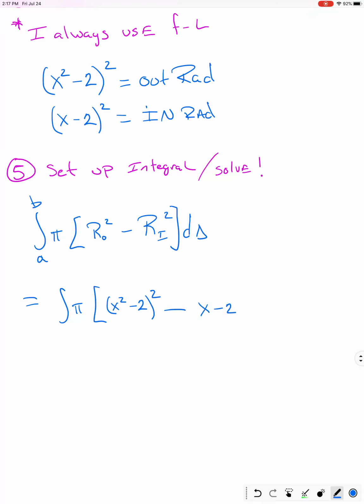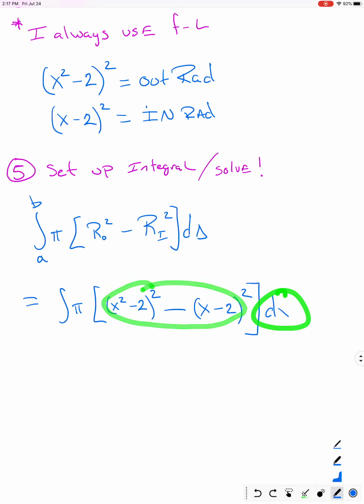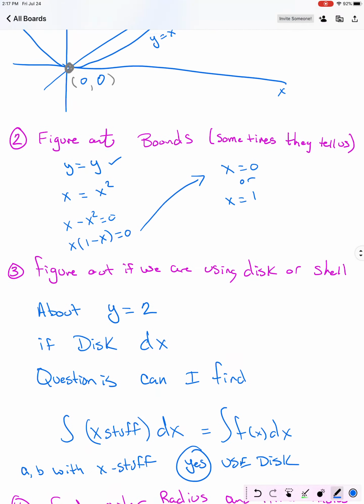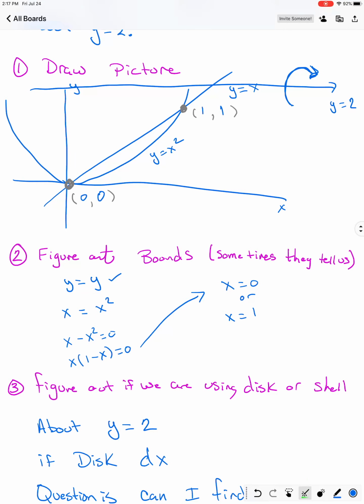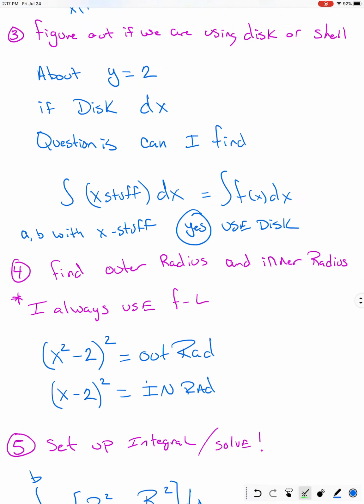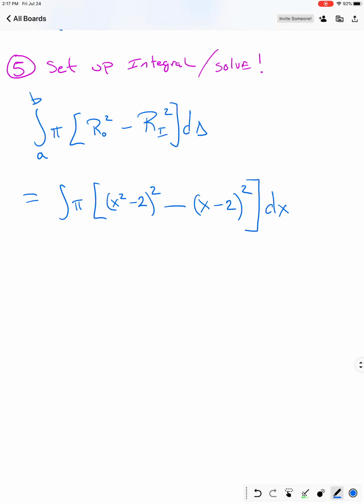I forgot to square it up there, so squared. And then I have dx. I check to make sure: does everything inside my function have x's in it? It does. Dx. And now I just have to find my bounds of integration. But that's easy enough. I go from 0 to 1. So I set up that 0 to 1, and then I just evaluate that integral. And when I evaluated that integral, I got pi times 8 over 15.